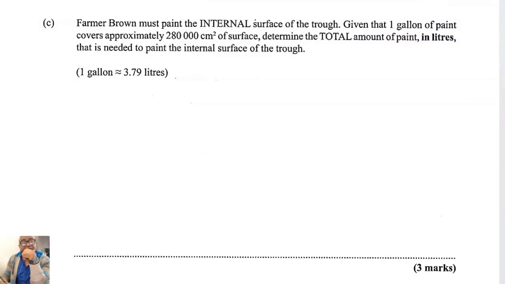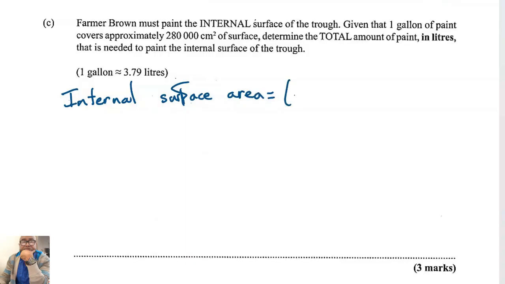So let me go. We're going to find all these surfaces one time, right? So this will be the internal surface area. I have 290 multiplied by 155.